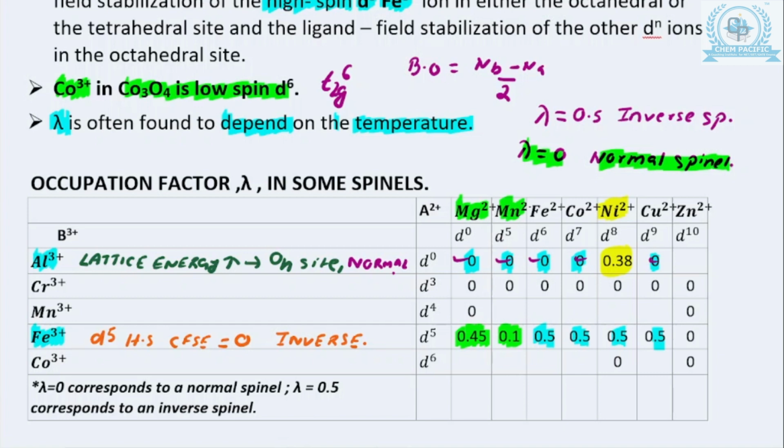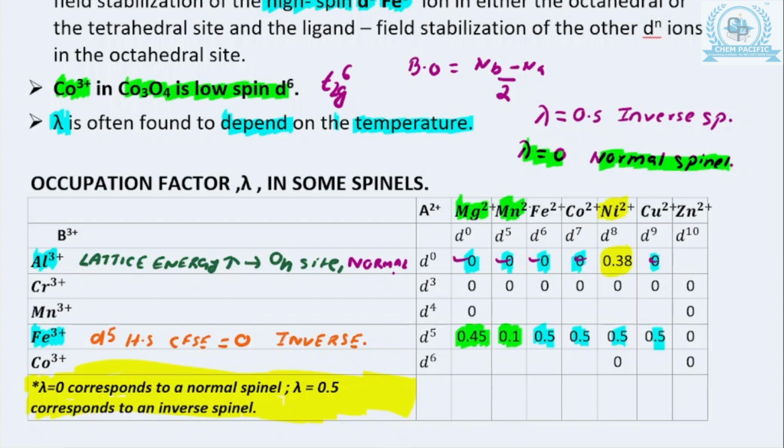व्हाई इज इट सो? तो आई हैव ऑलरेडी इन्फॉर्म दैट अगर लैम्डा का वैल्यू 0 होता है तो वो बन जाते हैं नॉर्मल स्पिनल और अगर लैम्डा का वैल्यू हो जाते हैं 0.5 तो वो बन जाता है क्या? इनवर्स स्पिनल. सो दिस इज अ वेरी इंपॉर्टेंट इंफॉर्मेशन एंड दिस गिव्स अ लॉट ऑफ important information to us while determining the spinel whether it is normal or inverse.